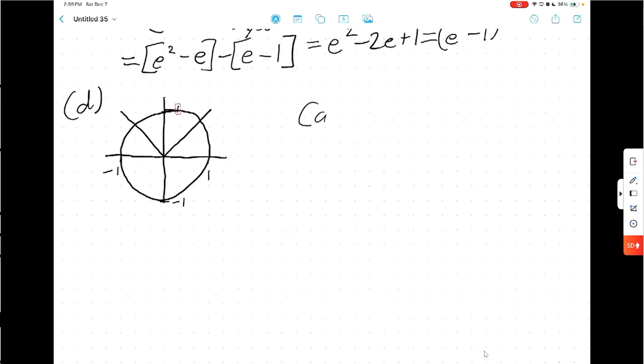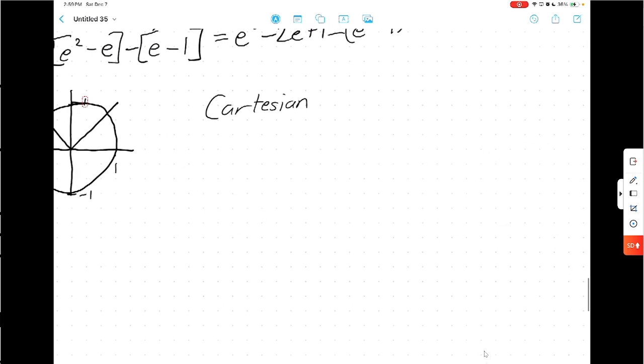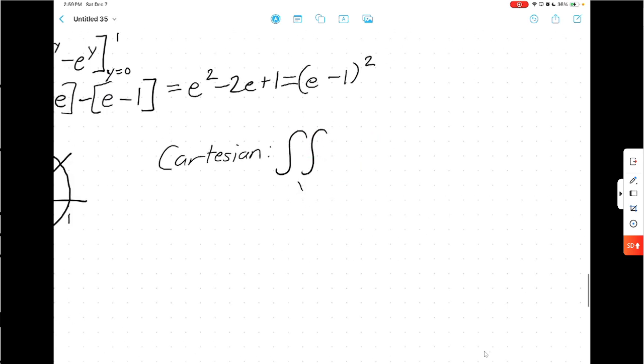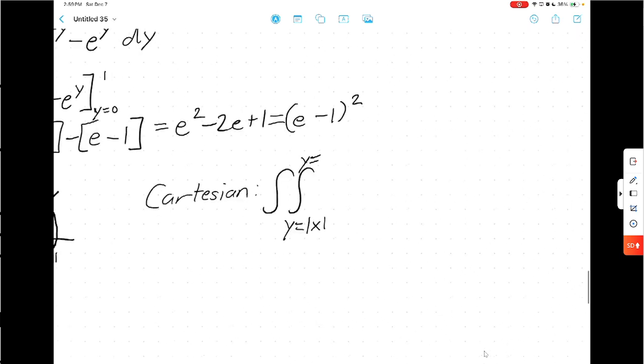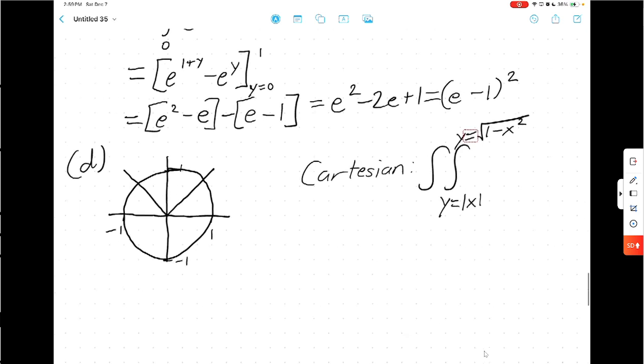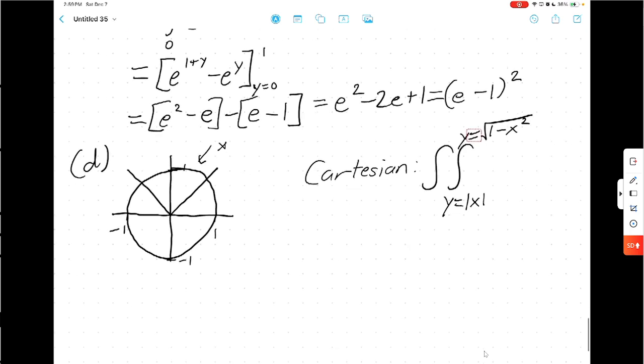Now in Cartesian, I think you might have to set this up as two separate integrals, or use the absolute value of x, or just use y is equal to the absolute value of x, and y is equal to the square root of 1 minus x squared, which comes from the unit circle itself.